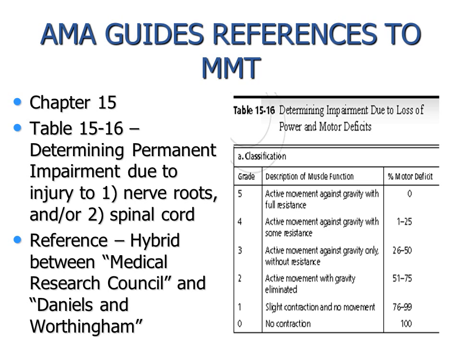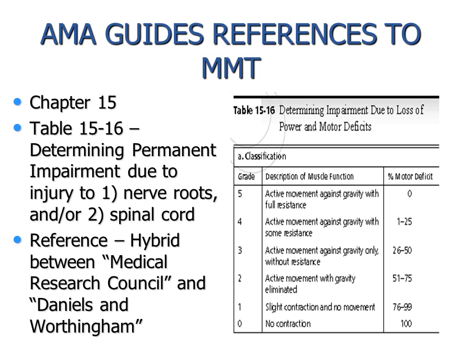In Chapter 15, Table 15-16 is entitled Determining Impairment Due to Loss of Power and Motor Deficits. And we determine permanent impairment due to loss of power and motor deficits with manual muscle testing.